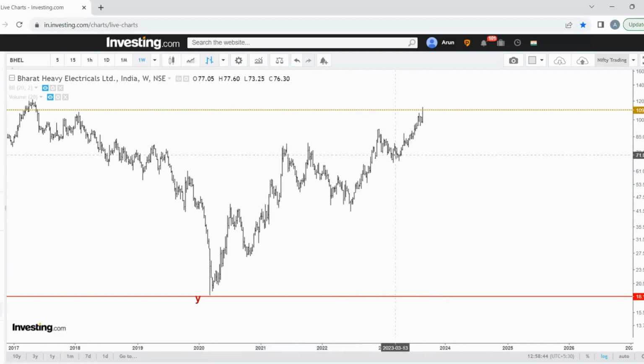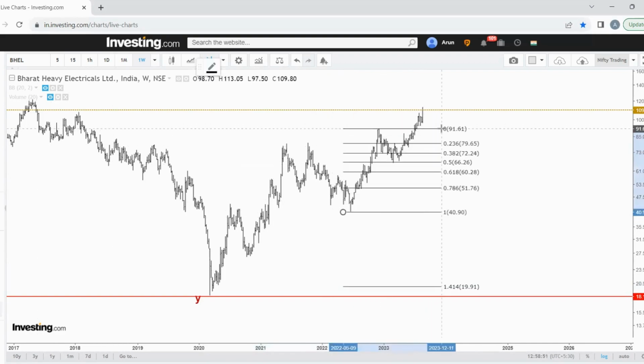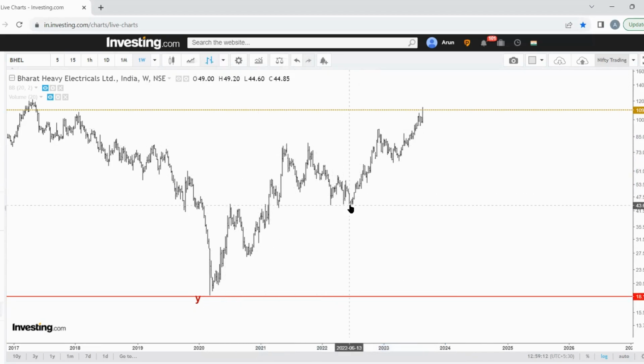If it is 1, 2, 3, can we check the fib numbers here? The price reached exactly 50% retracement. This information you can see everywhere in every time frame. Wave 2 mostly retraces 50% to 61.8%. If it is 1, 2, 3, I will give an alternate count also.